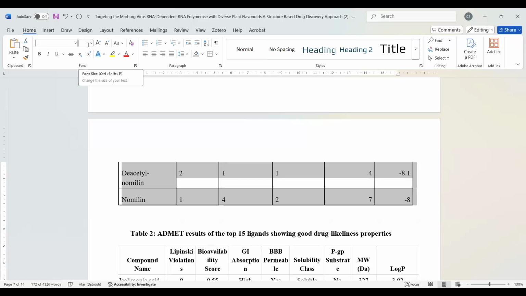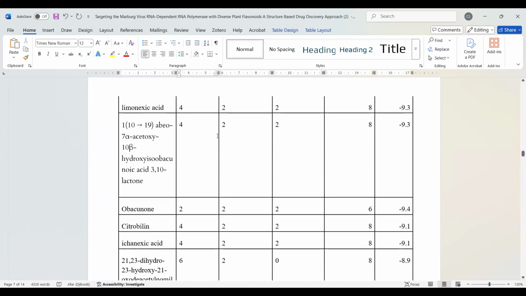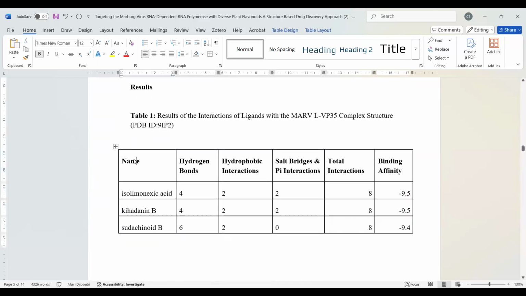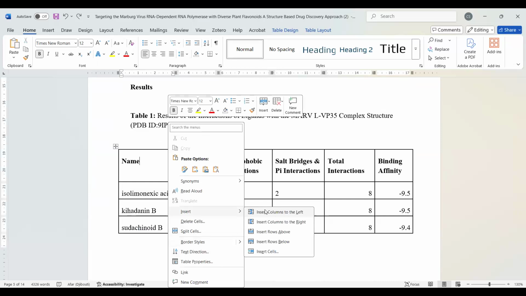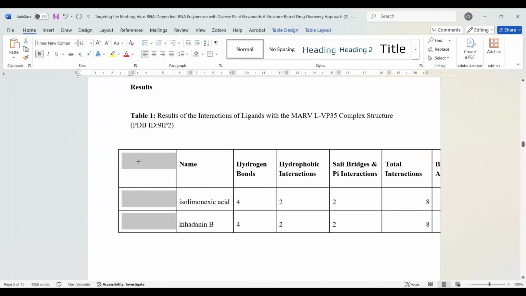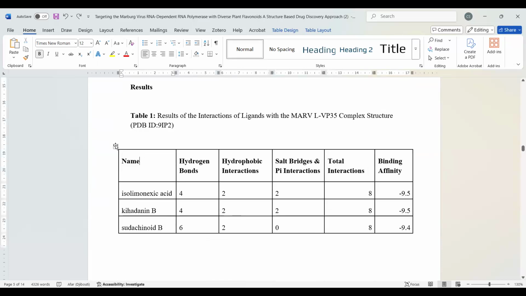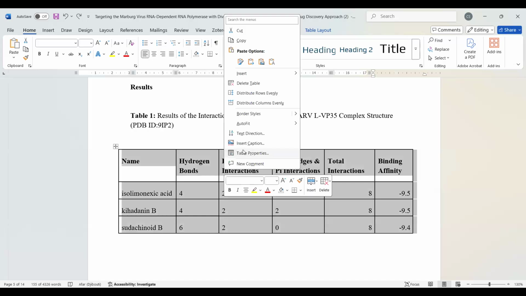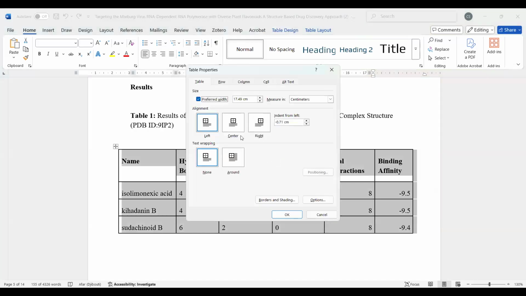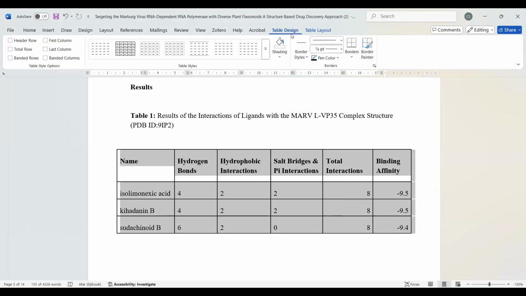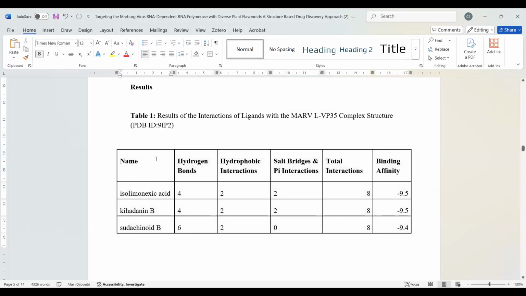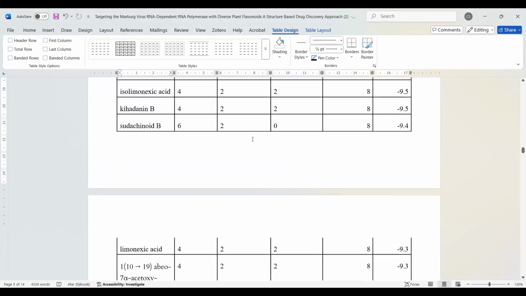Always have a practice of giving serial numbers. You can align these and add a serial number column.